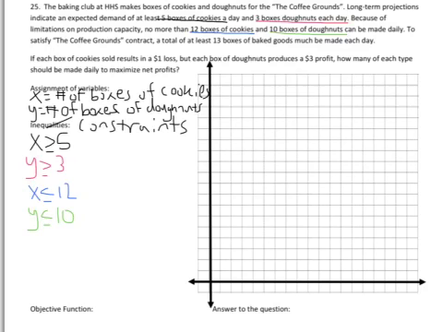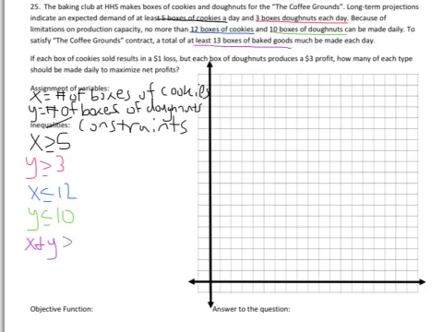Alright. To satisfy the coffee grounds contract, a total of at least 13 boxes of baked goods must be made each day. So we're talking about the entire amount that's going to be shipped to them. So we're going to have X, which is the number of boxes of cookies, plus Y, which is the number of boxes of donuts, is going to be at least 13.